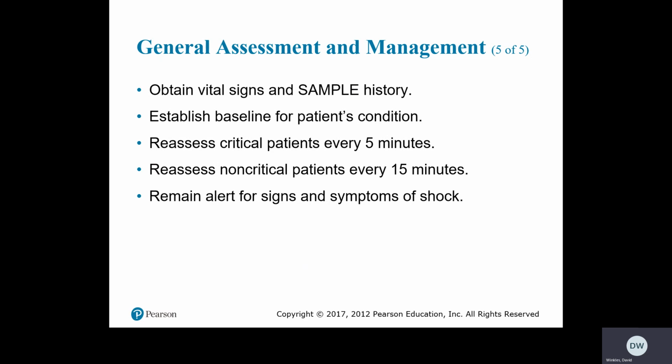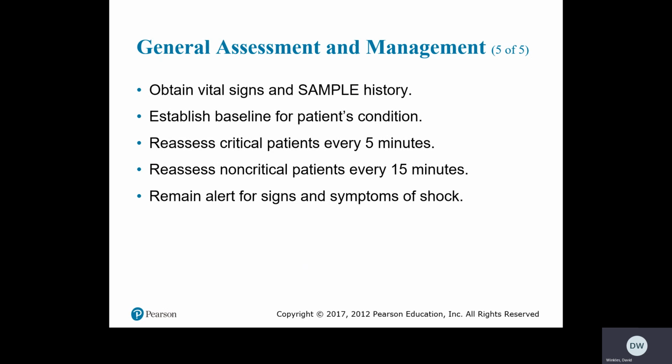We always want to make sure we have our vital signs, our SAMPLE history. We've got to get our baseline for that patient, so we can have that to compare to and to trend. Any critical patient gets vitals and assessments every 5 minutes. Non-critical patients, we're going to about 15 minutes for assessments and vital signs.